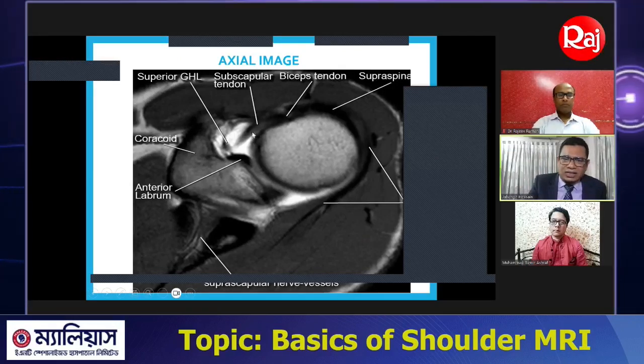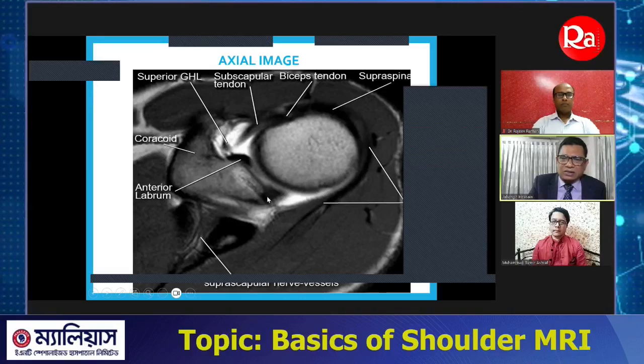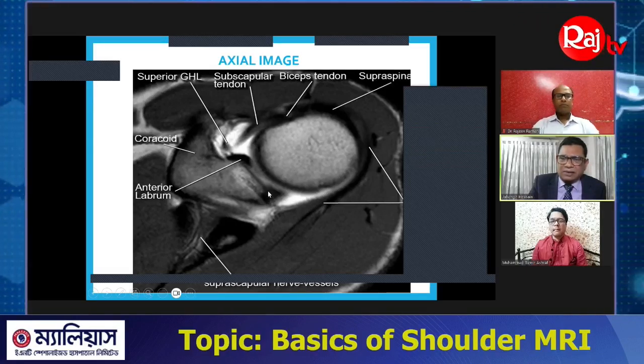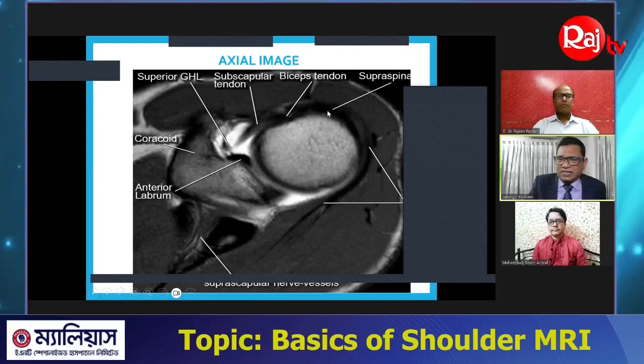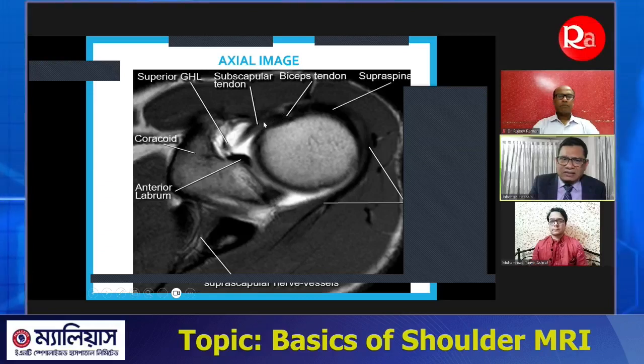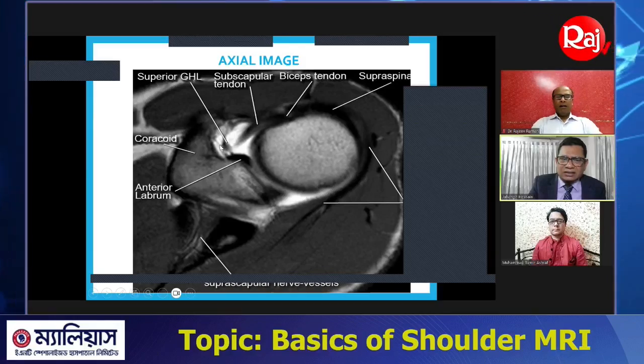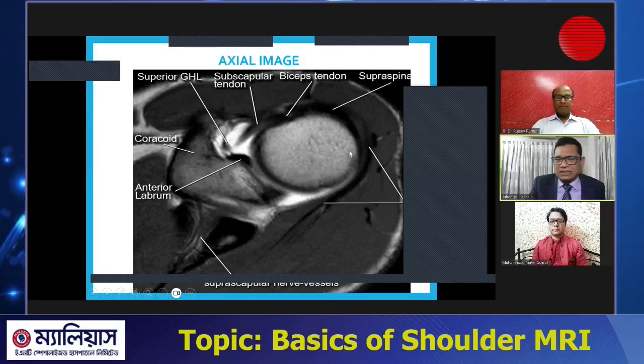Anteriorly, you can see the anterior labrum, triangular in cut section, and also the posterior labrum. Here we can see the supraspinatus tendon, the biceps tendon, and this is the subscapularis tendon. So this is the coracoid. This is the coracoid and glenoid, and here is the superior glenohumeral ligament.